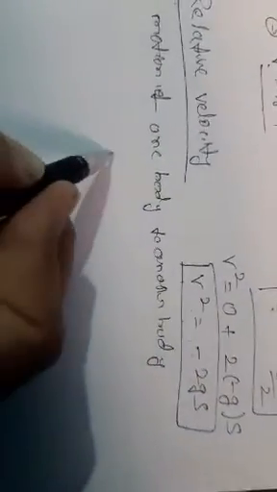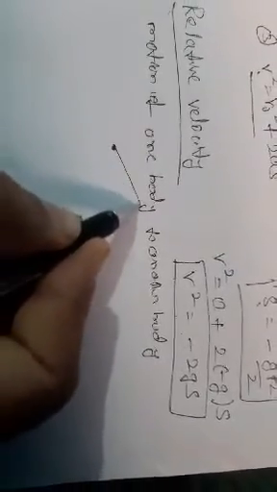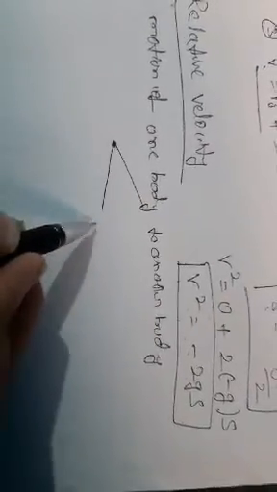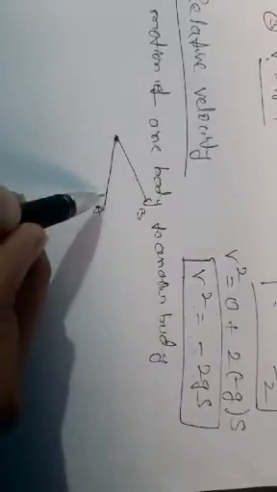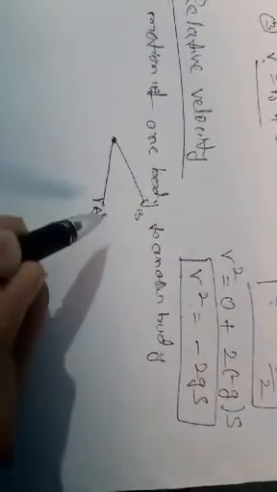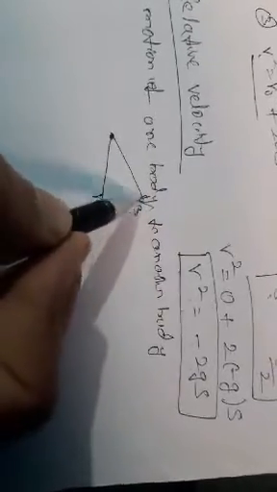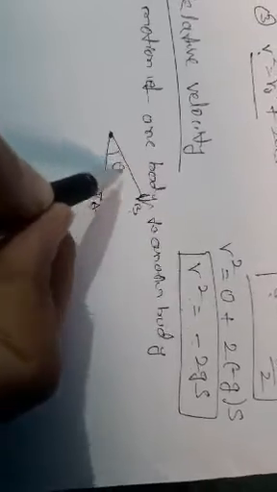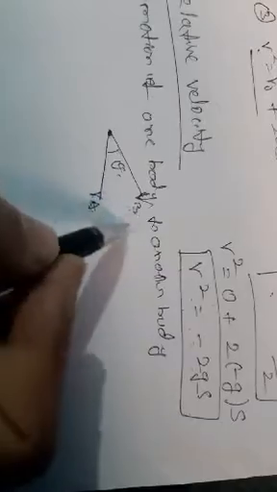See this diagram, it shows the initial position of the bodies. The speeds are those of particle A and particle B. The velocity of the first particle is VA, and the velocity of the second particle is VB. Theta is the angle between them.